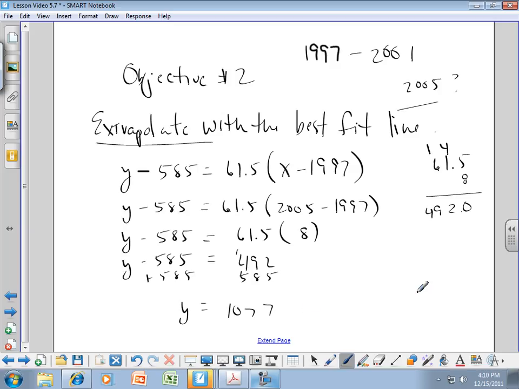Wow. So is that right? 9, 10? Yeah. So in 2005, they were looking at making the average salary, I'm sorry, $1,077,000. Yeah. Whew. 100,000 is a million. All right. So that's called extrapolating. All right? All right, very good.